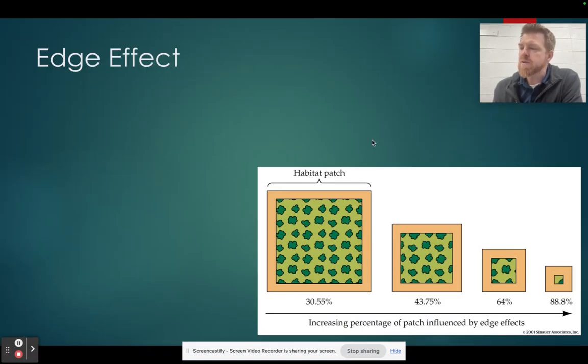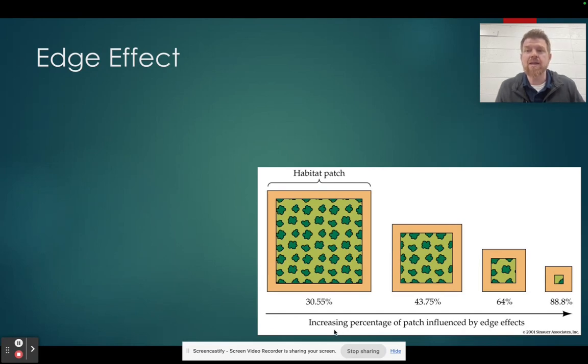And so this brings us to our next thing, which is called the edge effect. We know that a habitat is fragmented, but now the fragments actually cause a little bit more trouble as well. Notice what's happening on this habitat patch.